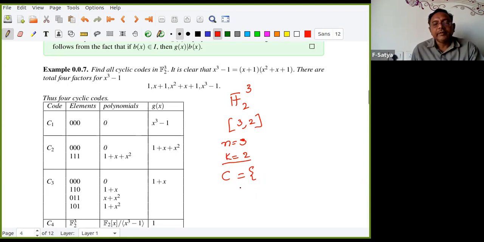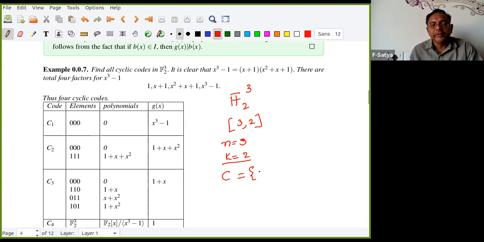So how many basis vectors will be there? Dimension is 2 means 2 basis vectors are there, right? So I'm asking, can you give me a linear binary code with these parameters? Since it is a linear code, it has to contain one vector. Can you tell me one vector that for sure will be there?